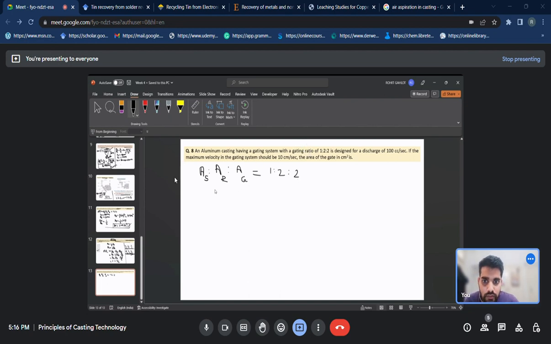For a discharge given as Q equal to 100 cubic centimeter per second, if the maximum velocity in the gating system should be 10 centimeter per second, we need to calculate the area of the gate, Ag, in centimeter square. So can anyone solve it? This is a simple problem, I think.